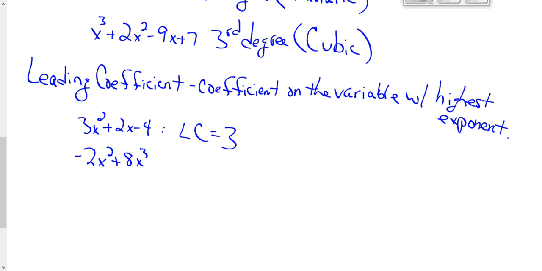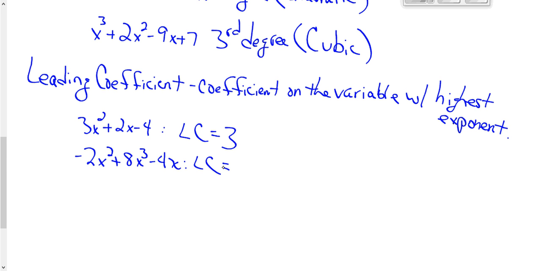What's the leading coefficient now? 8. This has the highest exponent, but it's not first. You have to put it in the right form. If I rewrite this in standard form, this would be the first term, the leading term.